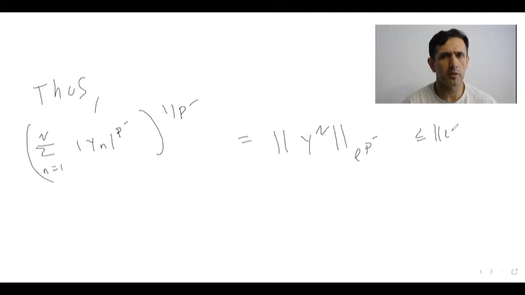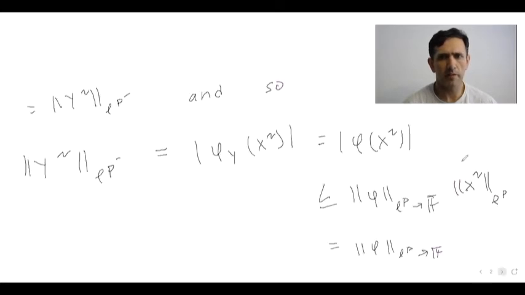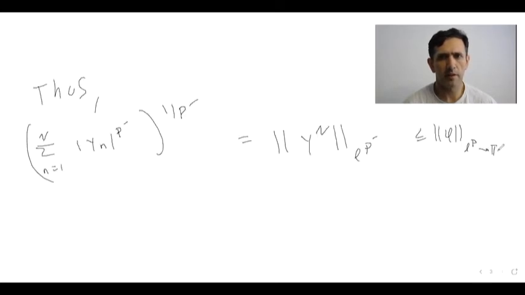This is less than or equal to the norm of phi from l^P to F. That's just what we got right here. Okay. Now we can let big N go to infinity. Okay. So right.